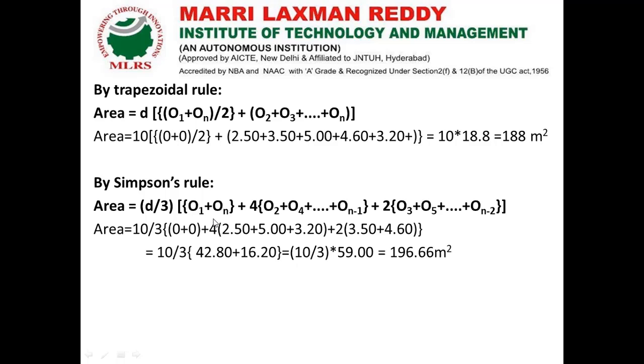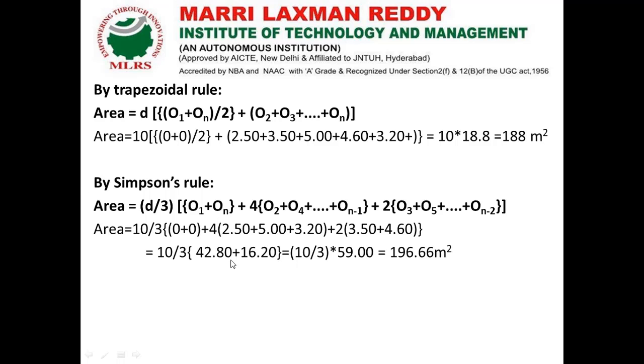Next, by using Simpson's rule, here the area is equal to d by 3 into the whole bracket: first ordinate plus last ordinate plus 4 into even ordinates plus 2 into remaining odd ordinates. This formula is applicable only if the number of ordinates is odd. We have odd ordinates, that is 7.